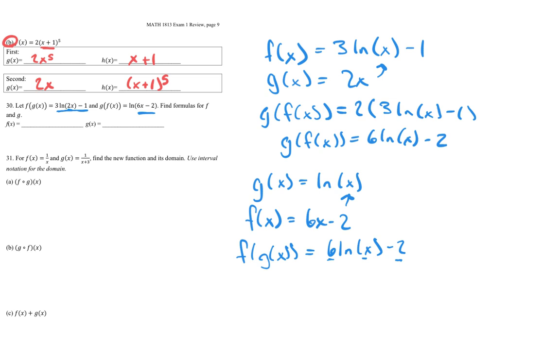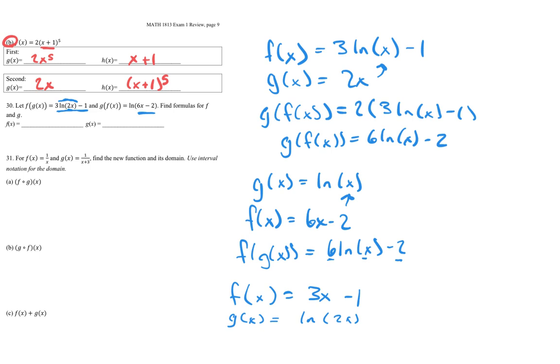So maybe we can try one more thing, and try saying that f of x is 3 times this part here, minus 1. So let's try f of x equals 3x minus 1, and g of x equals the natural log of 2x.